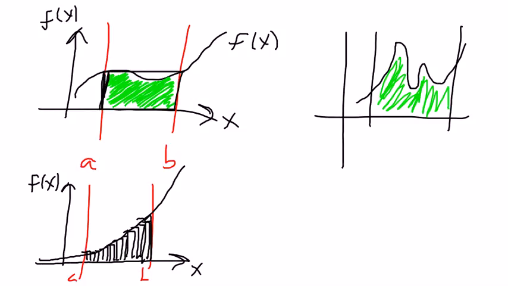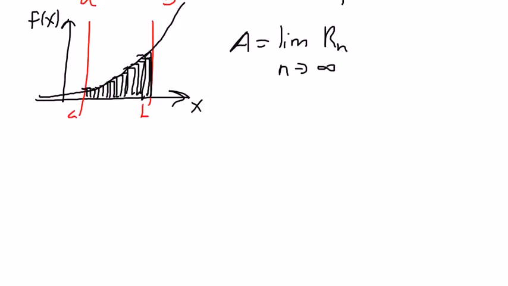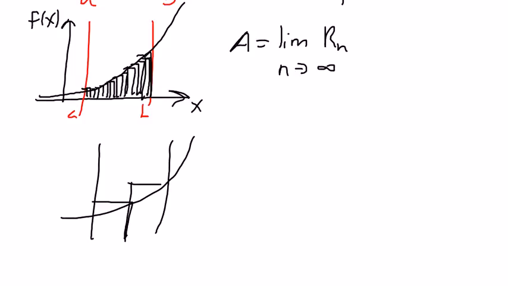The area in the region can be found by approximating the limit of the areas of each individual rectangle. So you're going to have n rectangles, and you're going to sum them up. This area is going to be equal to the limit of the area of the n rectangles as n approaches infinity. Think about if you only had 2 rectangles that cover the whole thing.